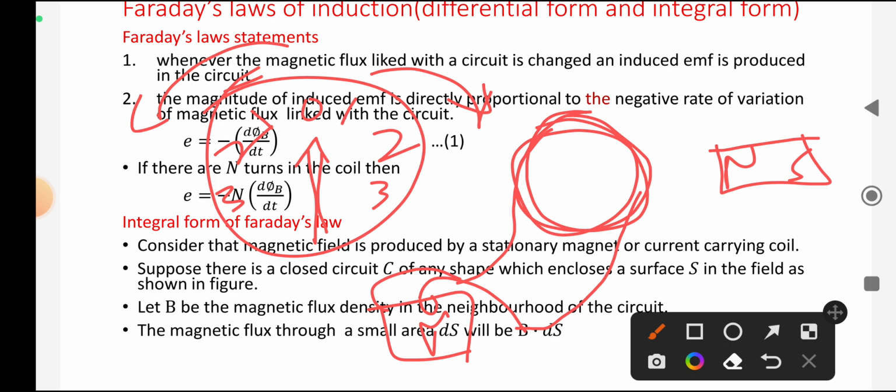Now, it is a bar magnet. When it comes towards the coil, what happens? It already has magnetic lines of force. When it is coming towards the coil, the magnetic field increases, so the magnetic field is changing from minimum to maximum.